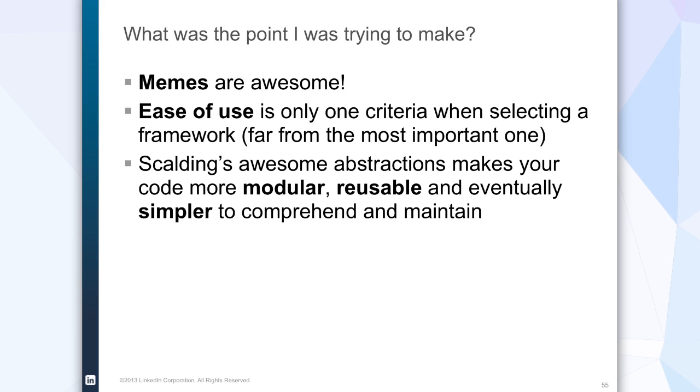My second point, besides memes, but obviously the second and third are not as important: ease of use is one of the criteria. Frameworks like Pig and Hive are very easy to use for very basic stuff. And disclaimer, even though I don't like Pig, I still use it for ad hoc stuff.